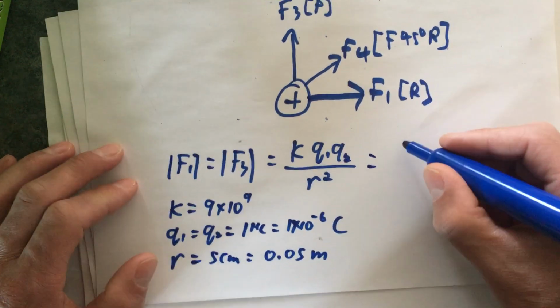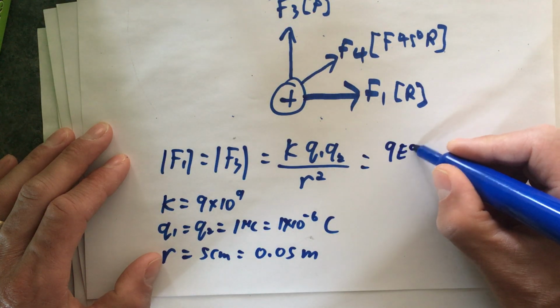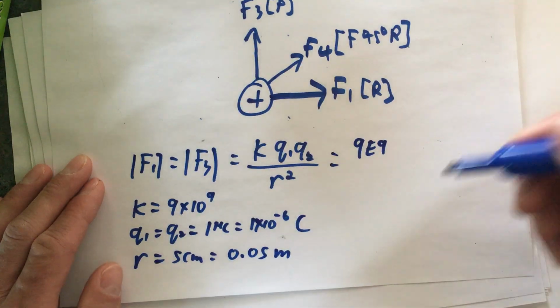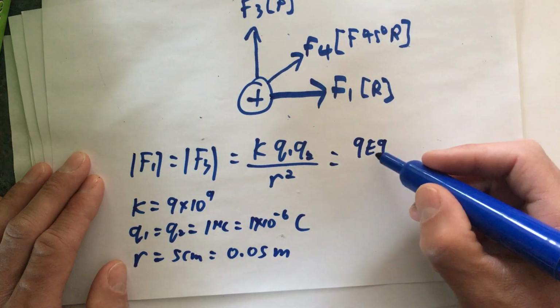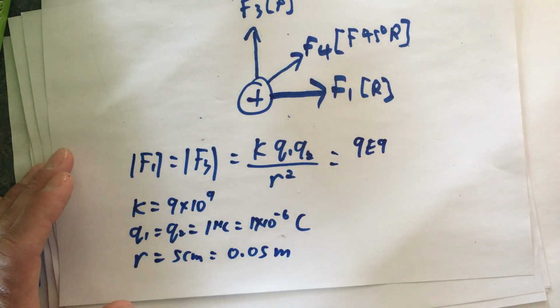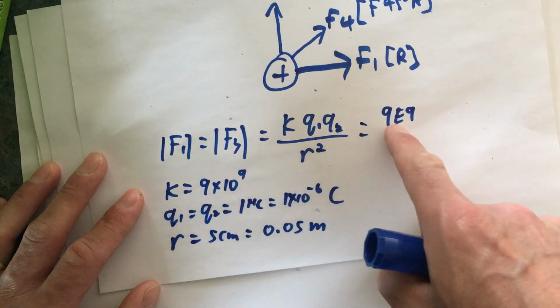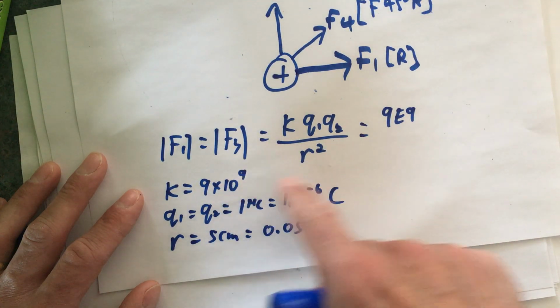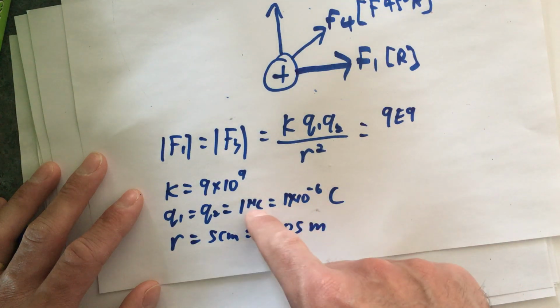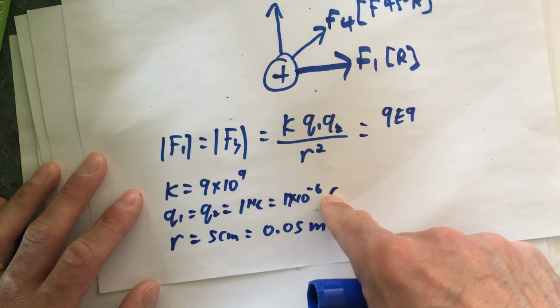So this is 9 times 10 to the exponent 9. Now, I use this notation with my class because this notation goes straight into a computer to calculate. This is not standard notation internationally. However, it's easier to write 9e9 to represent 9 times 10 to the exponent 9. So same thing here. I'm going to write 1e negative 6 to represent 1 times 10 to the exponent negative 6.